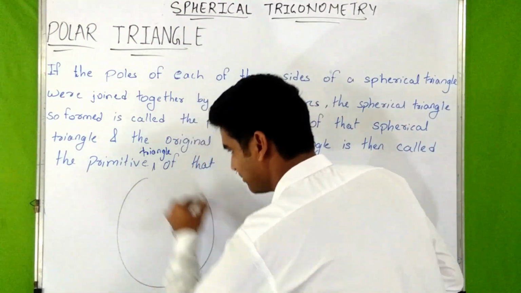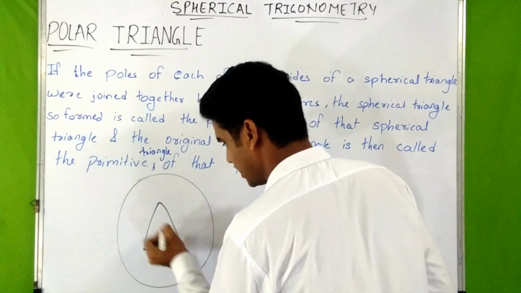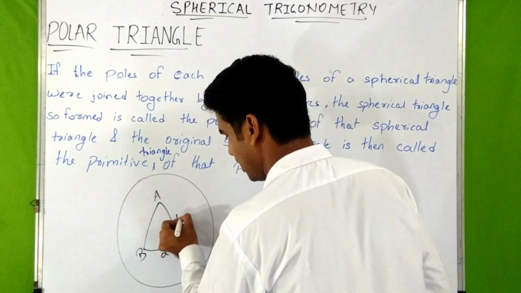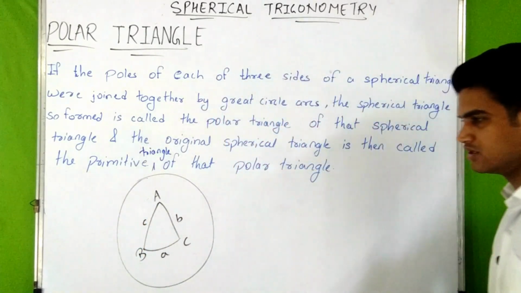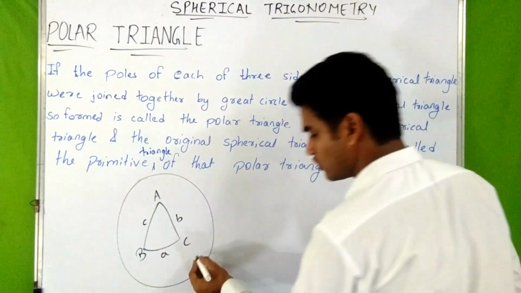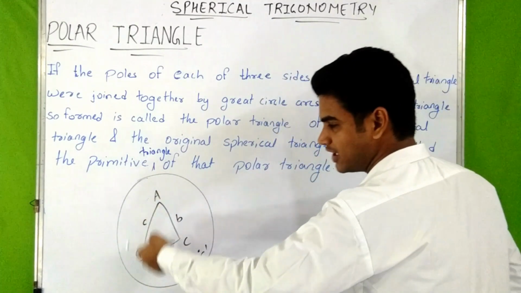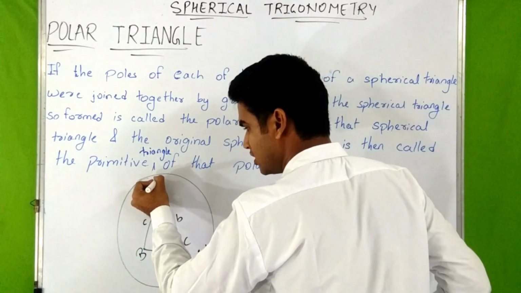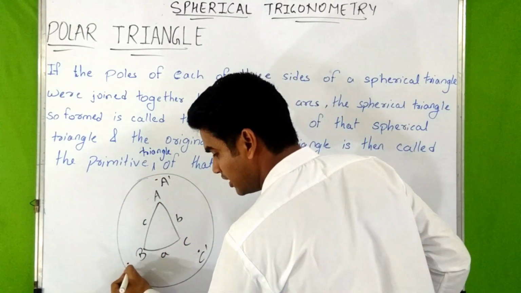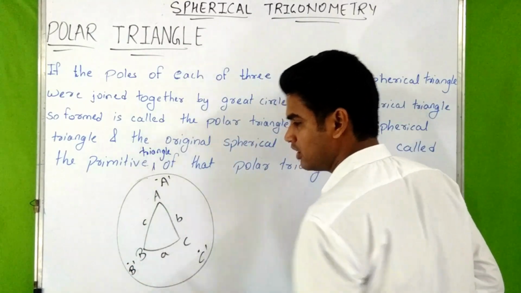Let's make it clearer with the help of a diagram. For example, this is a sphere and this is a spherical triangle inside it named ABC, with sides small a, small b and small c. First we need the poles of these three sides. This point C dash is the pole of the side small c, similarly this point A dash is the pole of the side small a, and this point B dash is the pole of the side small b.